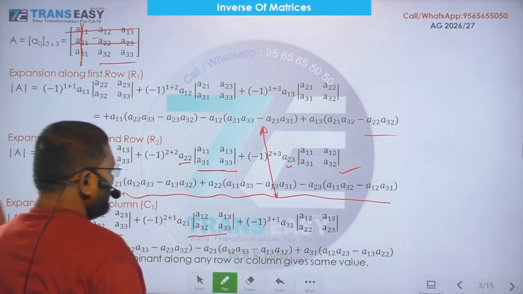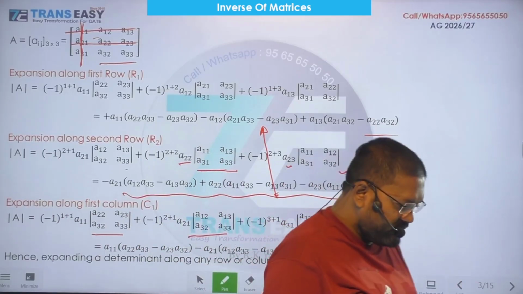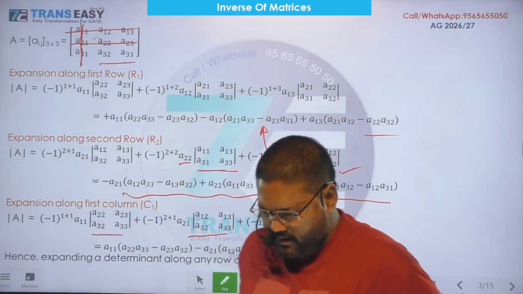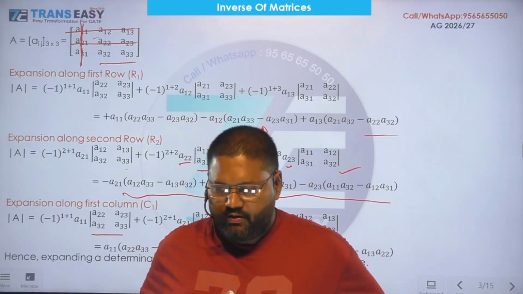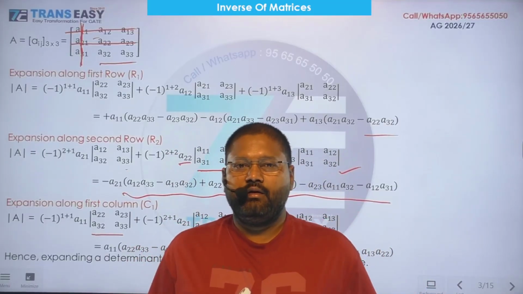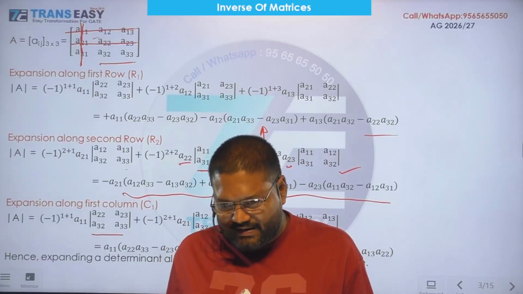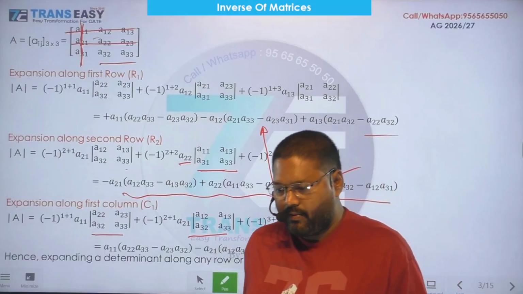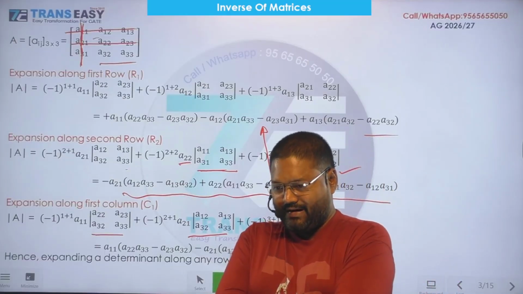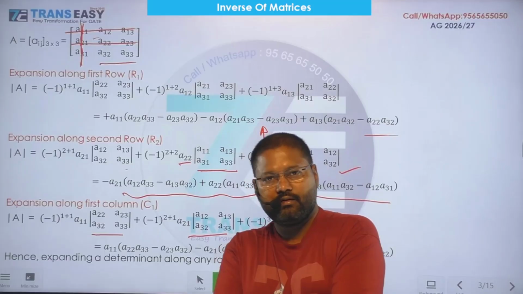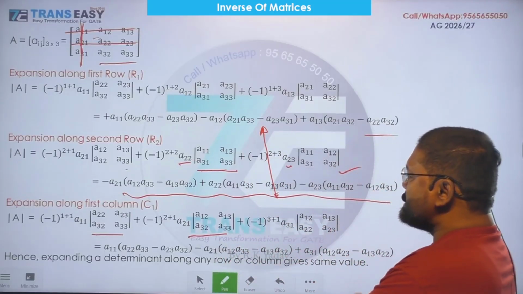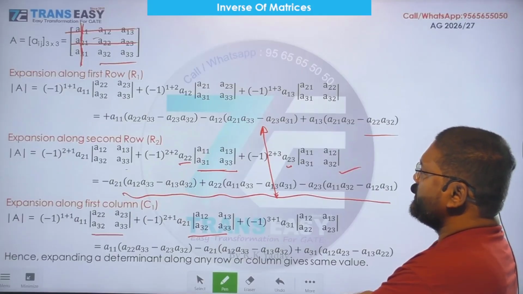Right. So for 3 is to 3 order determinant, we have 6 ways for its expansion, right? So in 6 ways we can calculate the value of determinant.